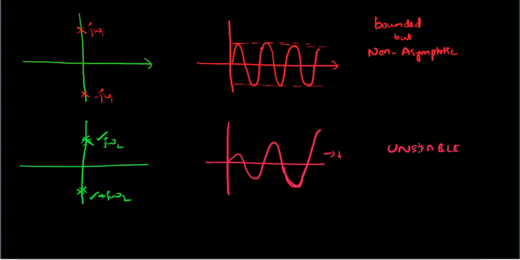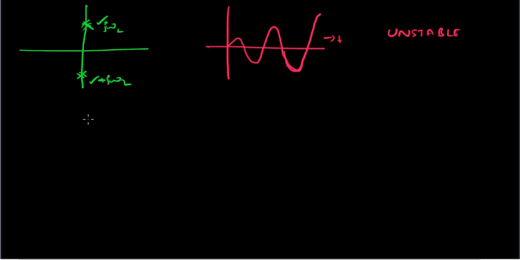Now let us see a condition where we have a pole exactly at the origin. This kind of transfer function is nothing but the transfer function of an integrator block. For this the impulse response looks like this.